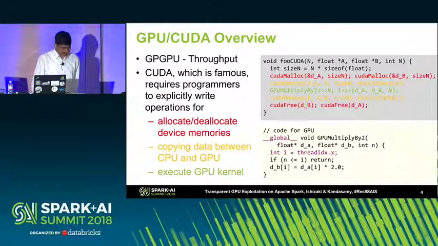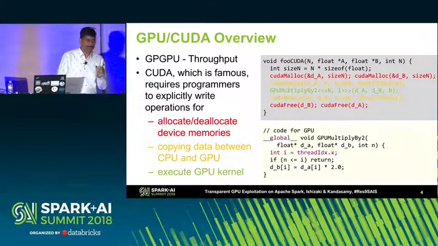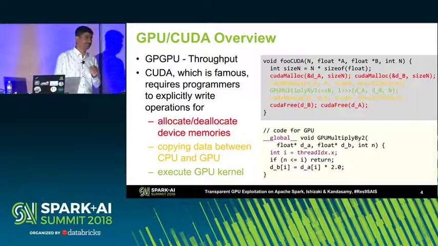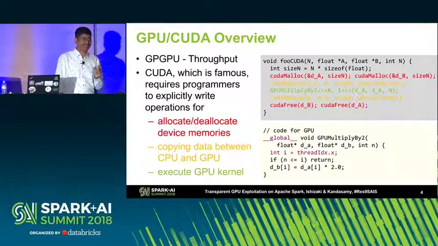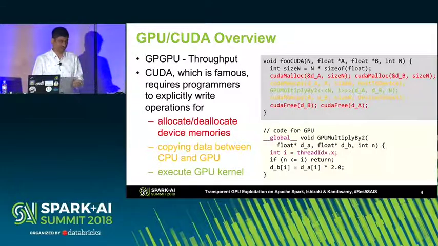So the catch is that CPUs depend on single-thread performance. Typically you measure CPU performance as how much time an individual transaction takes to complete. But with a GPU, your performance measure is how many transactions you complete in a single second. So it is a kind of throughput processor. That is a major difference between CPU and GPU.